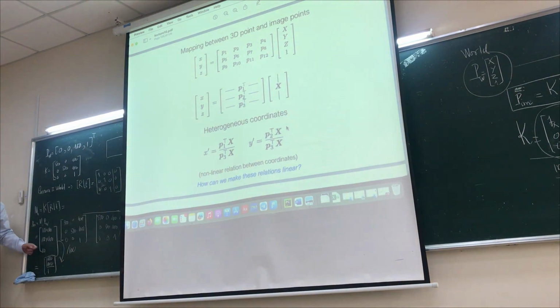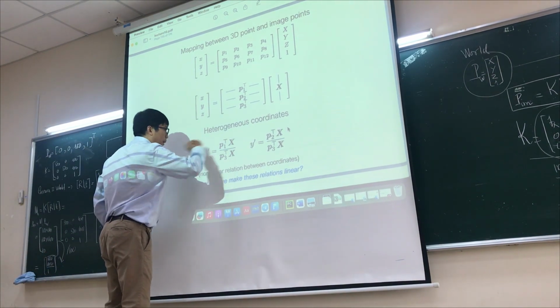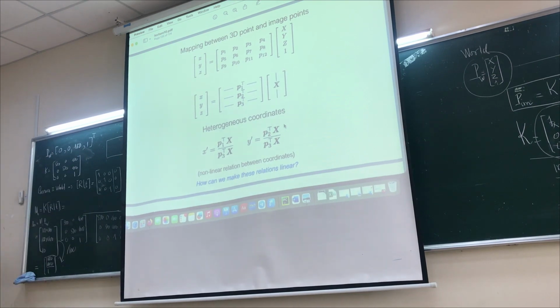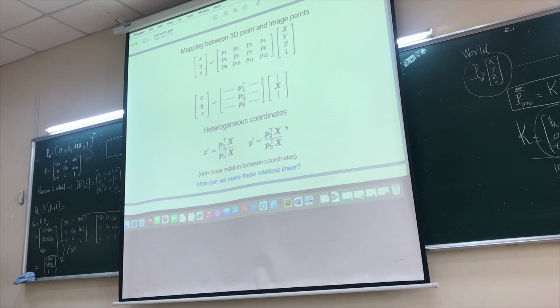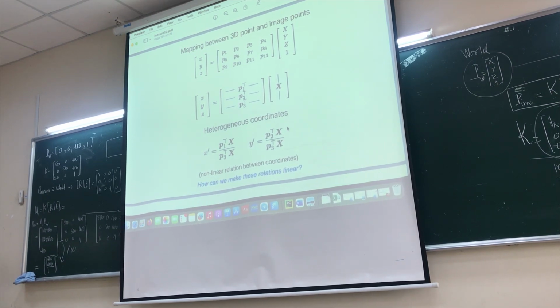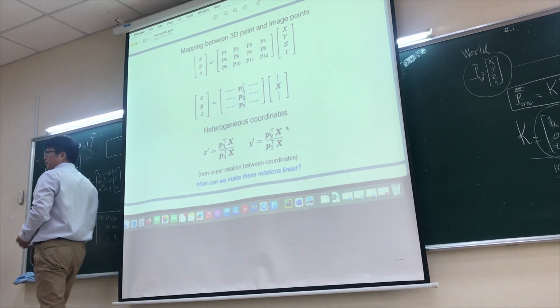You can see 1, 2, you divide by 100, and then you get to here. So that's why you have the coordinate in the image plane. So back to here, you know the relation between the position in the world and the position in the image, by two relations. Are you okay?